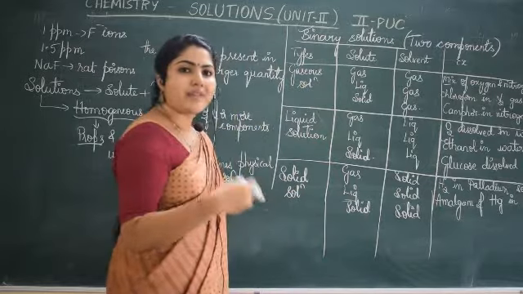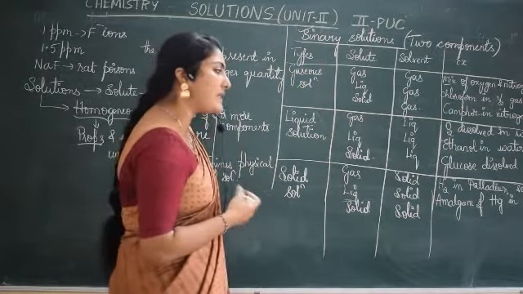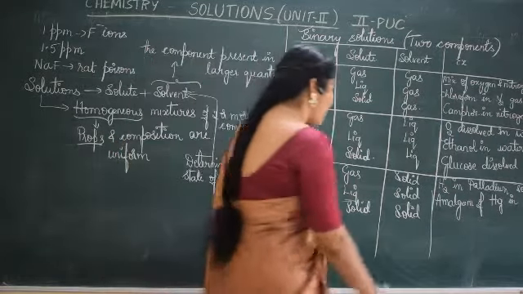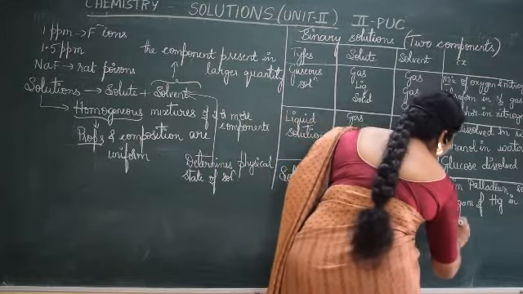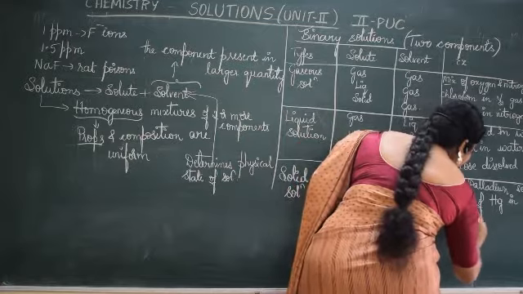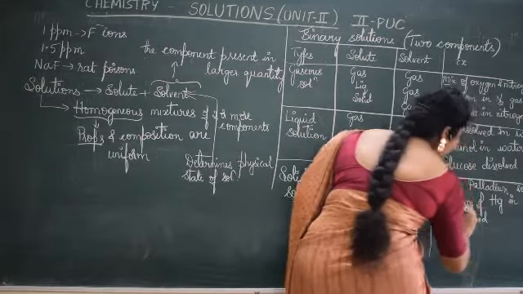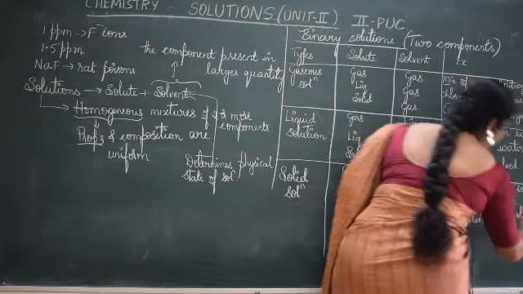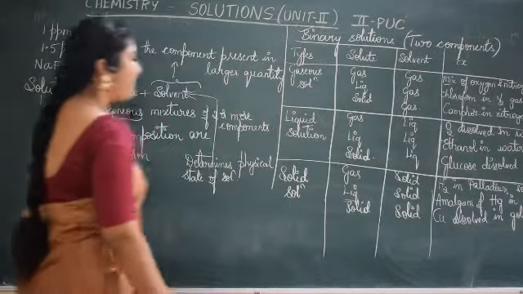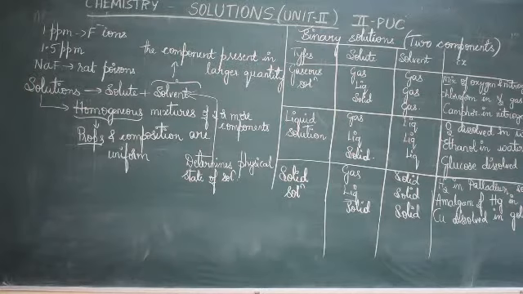So solid is present in large quantity, and that is why it is an example for solid solution. Next, both are solid. Say copper dissolved in gold. Copper dissolved in gold is an example for solid solutions.